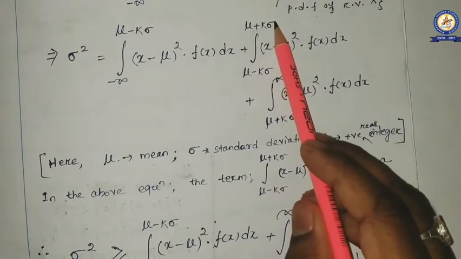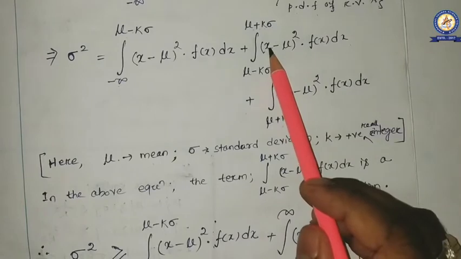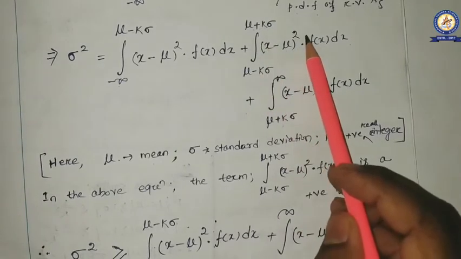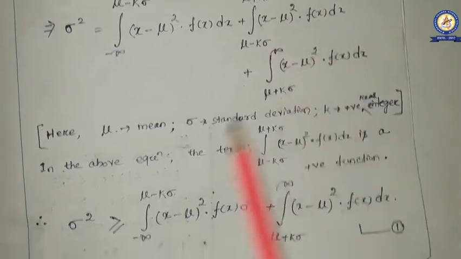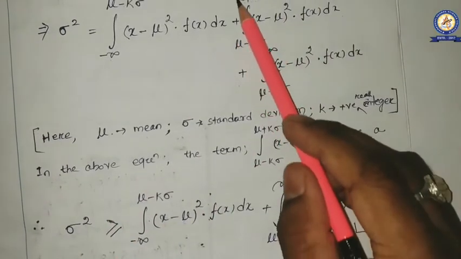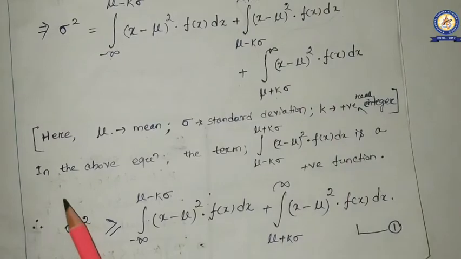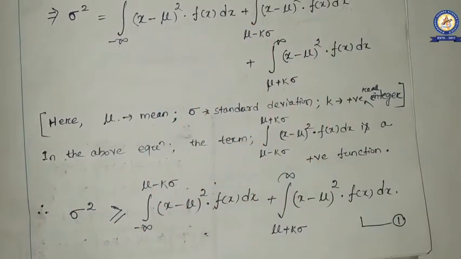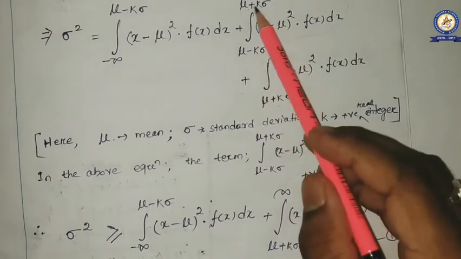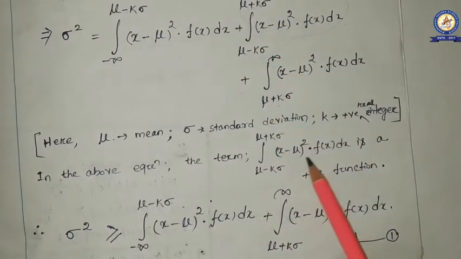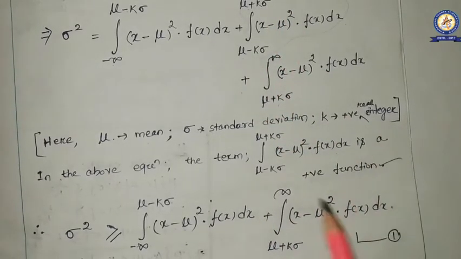And x minus mu square is a positive function, so this whole term is a positive function. In the above equation, the term mu minus k sigma to mu plus k sigma of fx dx is a positive function, right?